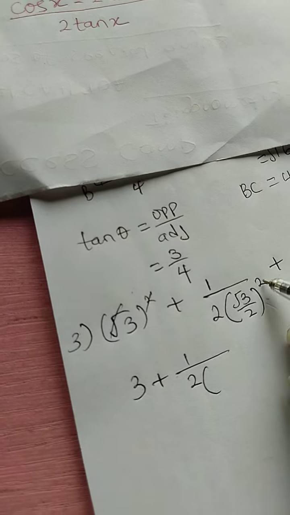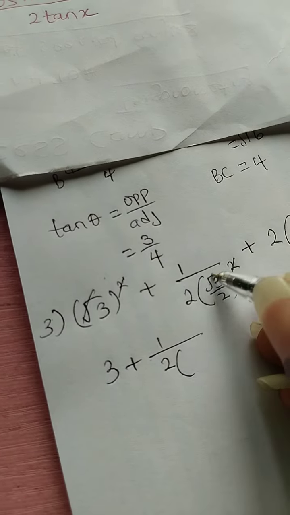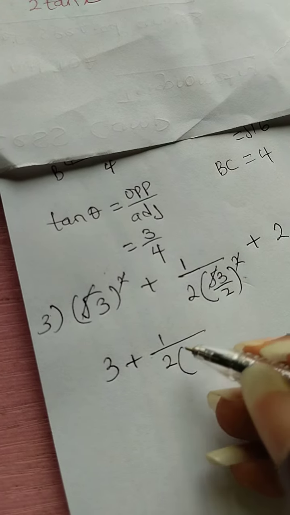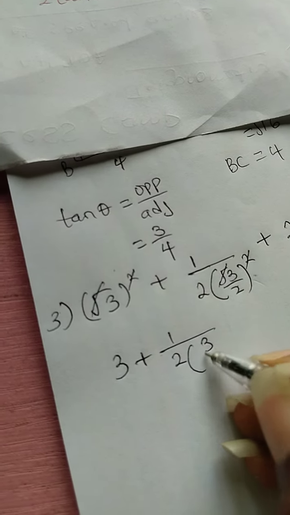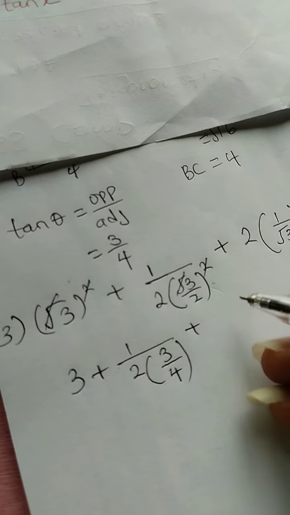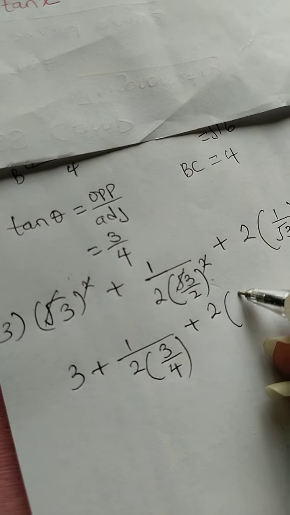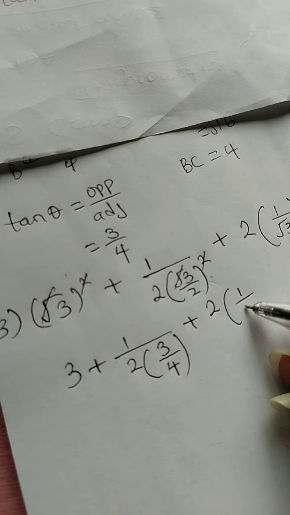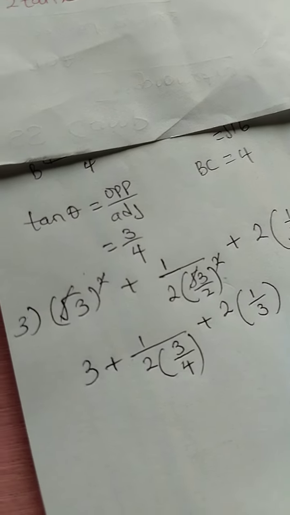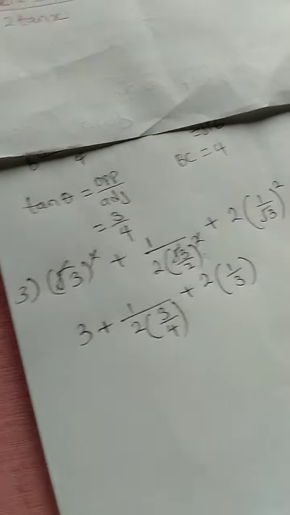1/2 times root 3 squared, then 3/4, plus 2 times 1/3 also. So we have that.